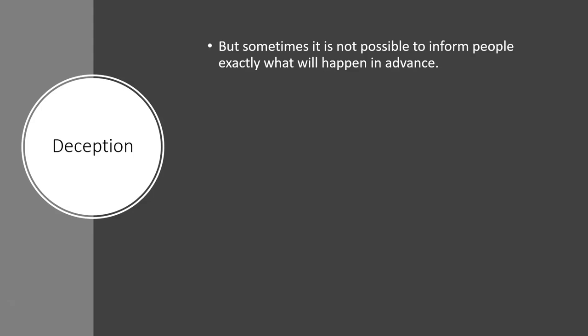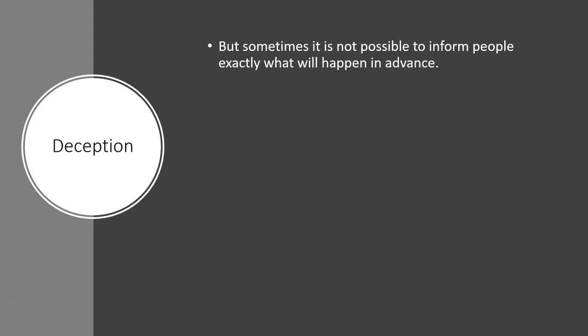Now, what's the trade-off here? I need to lie to my participants so that their knowledge of my hypotheses will not change their behavior. How do I offset that lie? How do I offset the damage that I do by lying to my participants? So on the consent form, I tell them exactly what behaviors they're going to engage in. I just don't tell them why, and I may even give them a cover story.